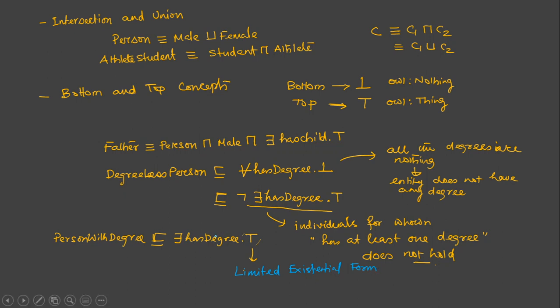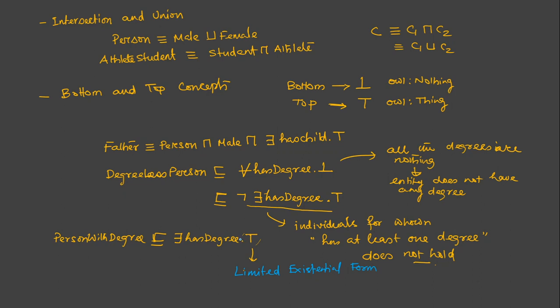So you see that here we could have used something like UG, PG, PhD, something like that, right? But instead of using them, we are just saying anything, right? So this is a kind of loosening the kind of values it can take, right?